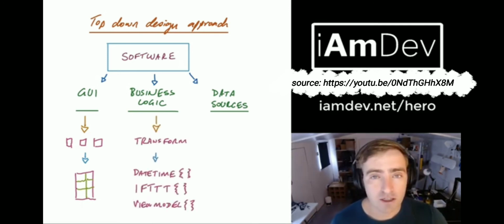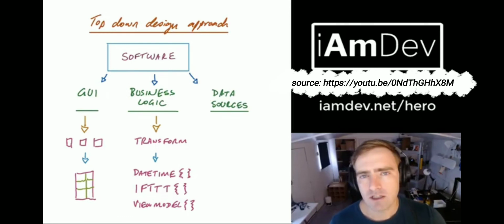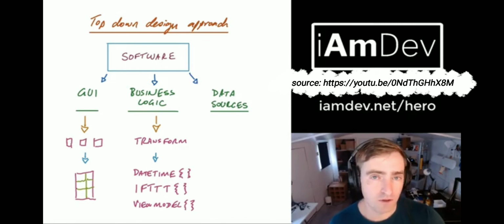So let's say you need to show the date time. You might want to change your server's date time format into a human readable one, so you'd have a function for date time somewhere. You'd also have other functions to do business logic, like if this, then that. That's what IFTTT stands for. And if you search for that, there's lots of Google references to it.